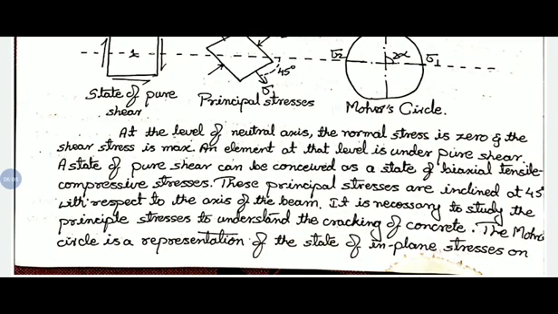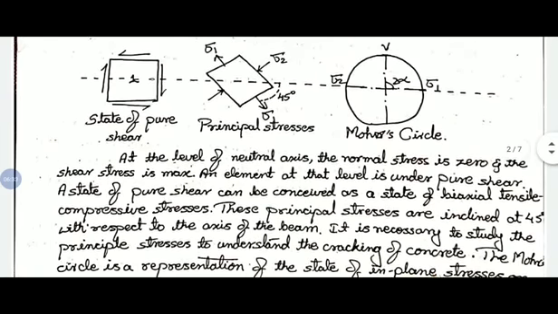So the element at that level will be under pure shear, so there is no principal stress other than the shear, and it will have biaxial tensile and compressive stresses. So in one axis it will be under tension and in the other axis it will be under compression.